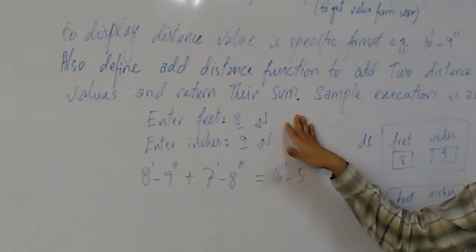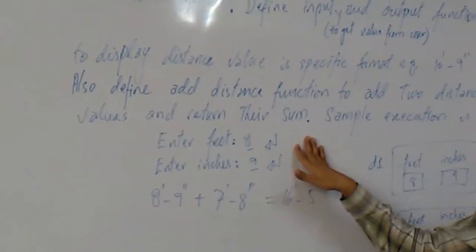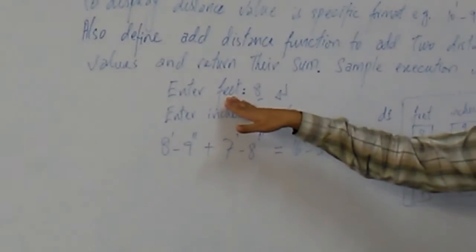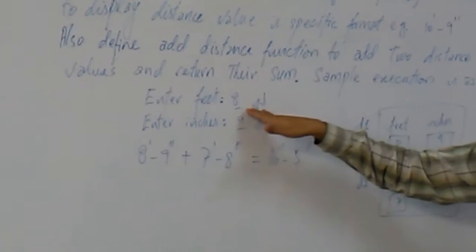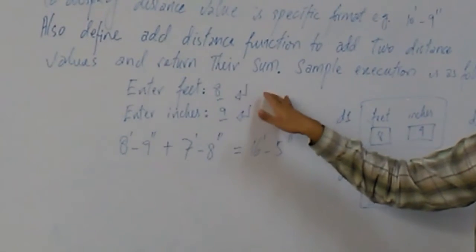When our program starts execution, it will get one value of the distance from the user. It will ask the user to enter feet. Let's suppose the user enters 8 as the feet value. The user will press enter.